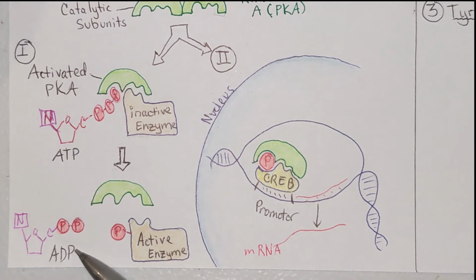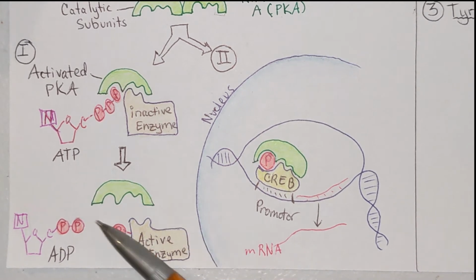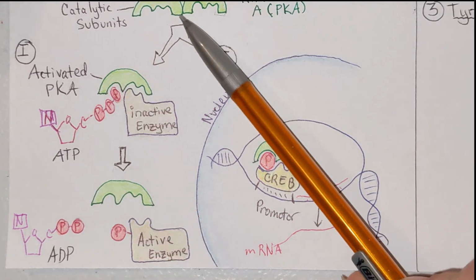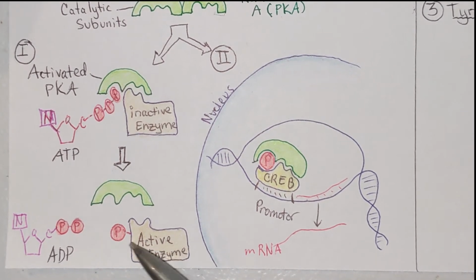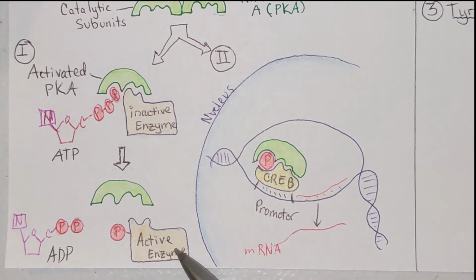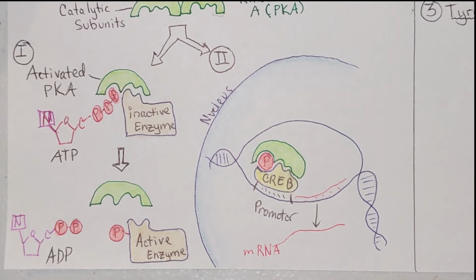The lower energy form of this molecule. The protein kinase A is still activated, right? It's not bound up here to the regulatory subunits, and an activated enzyme. Oftentimes, this enzyme will go forth and it will activate another enzyme and another enzyme and another enzyme, producing something called a phosphorylation cascade. Okay?